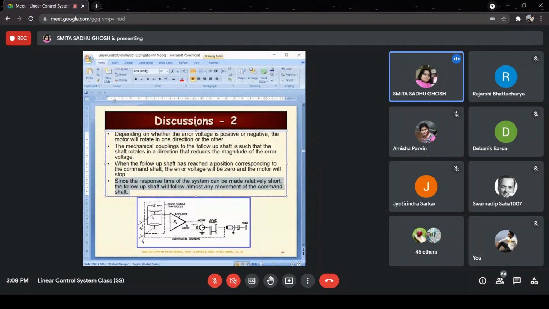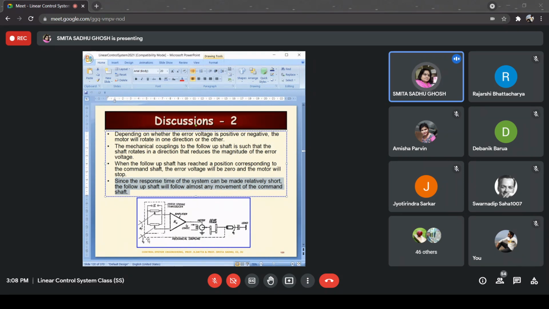So, if we are able to make the response time small enough, then if we are applying a particular theta r, theta c will closely try to follow it, because as long as there exists a difference in the angular positions theta r minus theta c, there will be a corrective action.